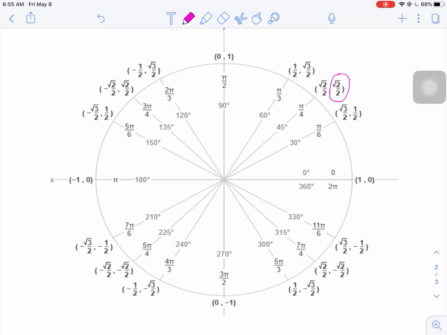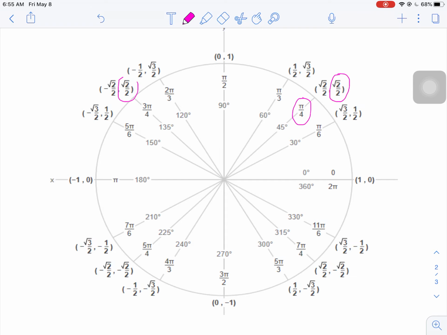So there's one right there. So here's the radian measurement that goes with that angle. So that's your answer, or one of your answers, pi over 4. Keep looking around the unit circle because there should be another place where we have a y value of root 2 over 2. There it is right here.